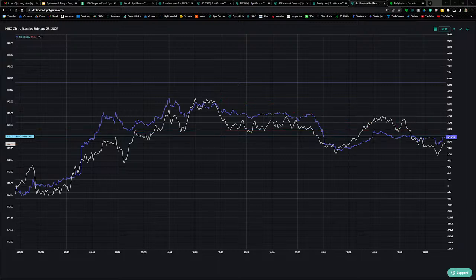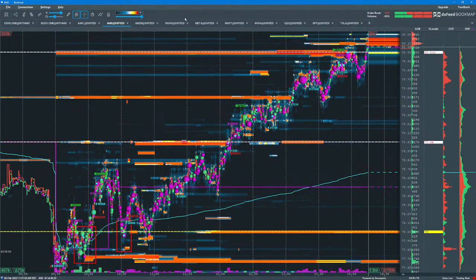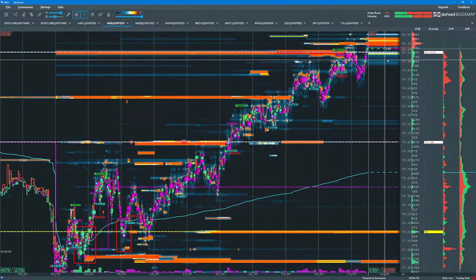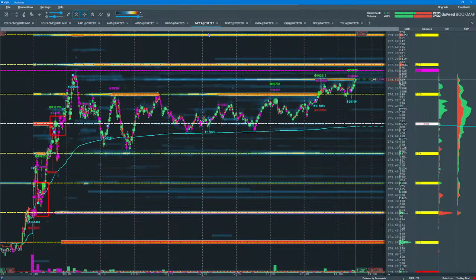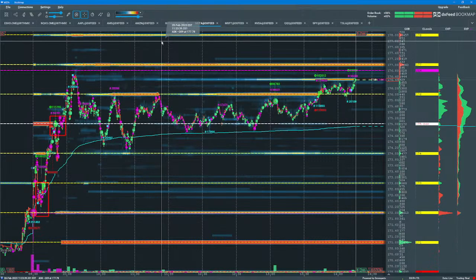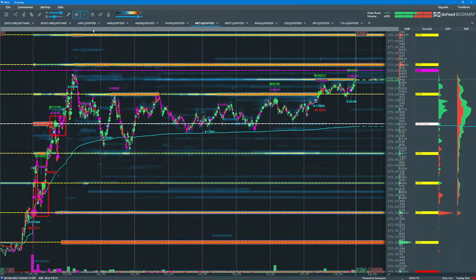Let's go take a look at Bookmap. Well, it looks like now that traders have come in and taken price above the 80 key gamma strike in AMD. Let's go to Meta. And it looks like they're finally moving Meta higher as well.